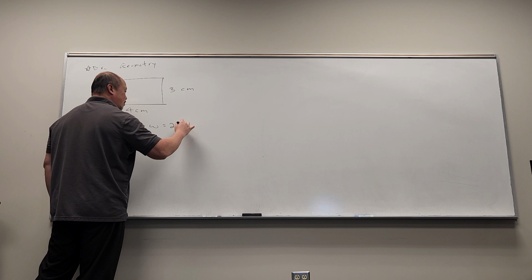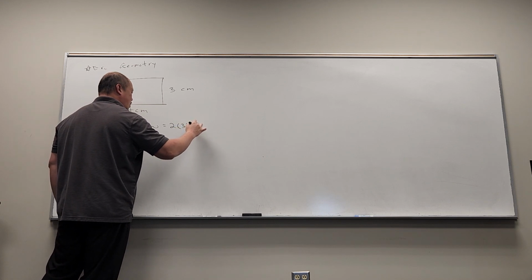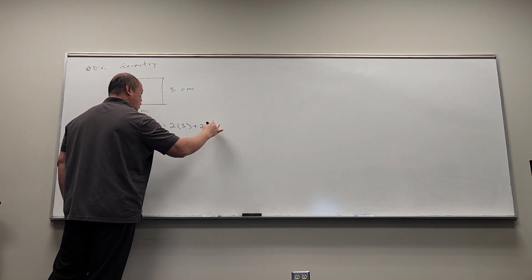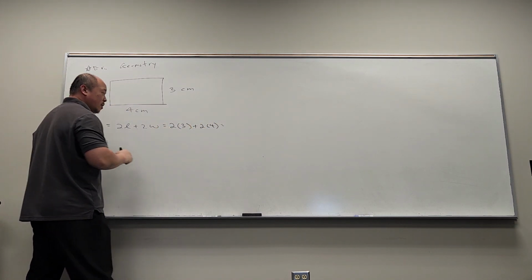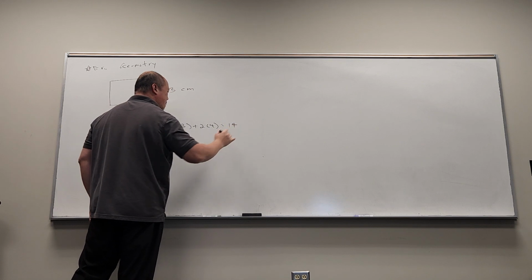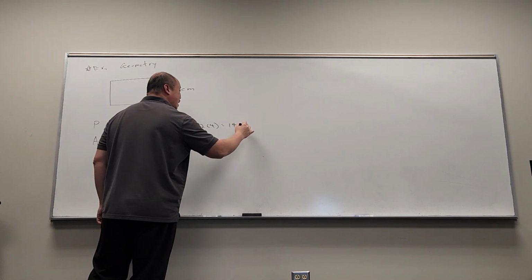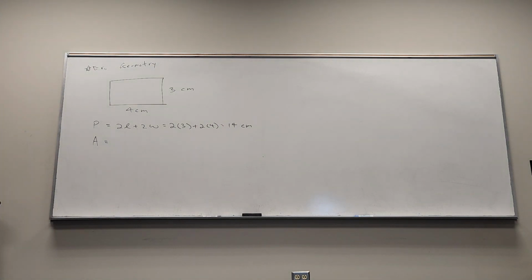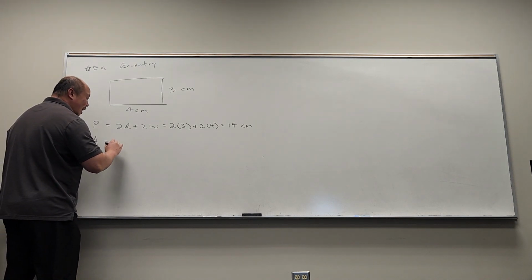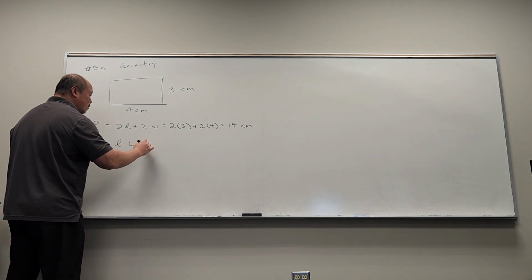So that's 6 plus 8, which is 14, and remember, that's 14 centimeters. I will not take points off on the final just because the units aren't right, but it's good to know.